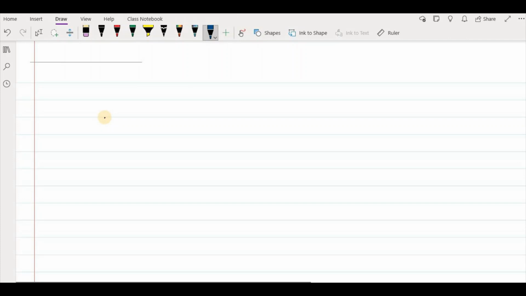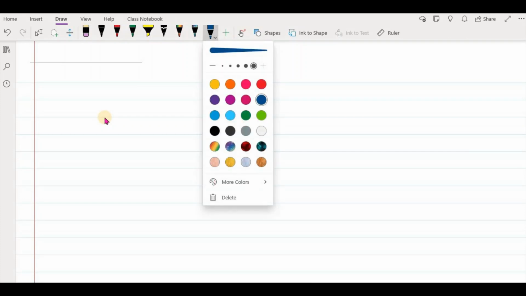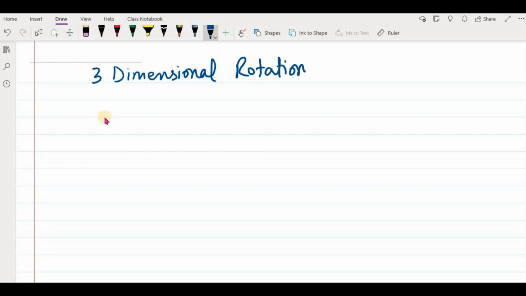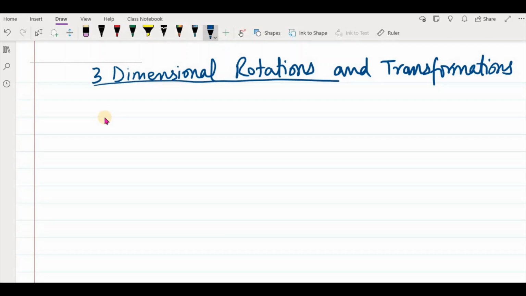So that's why we also have to learn rotations in 3 dimensions. Okay, so how does a rotation matrix in 3D look like.